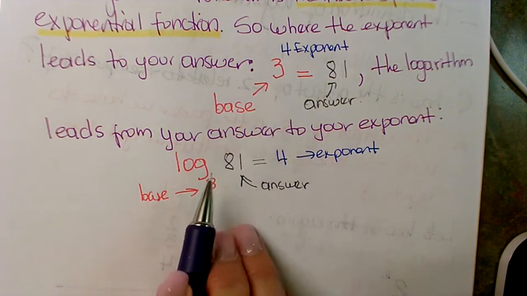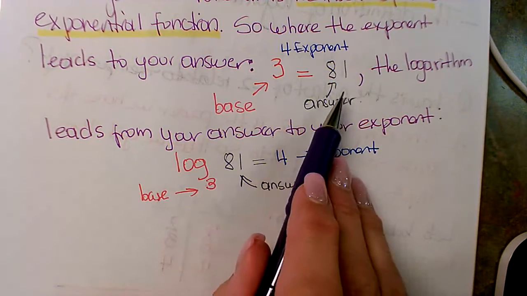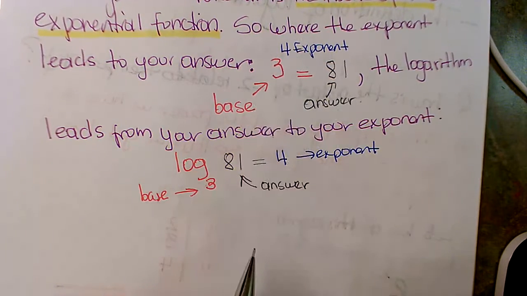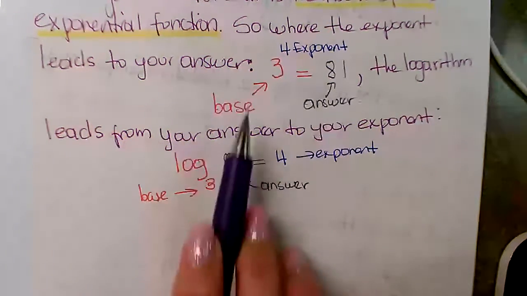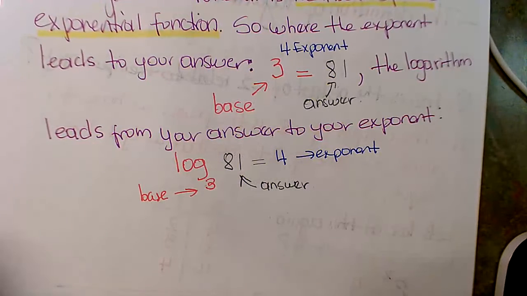The same base that we use here is the base of the log. And the log of 81 is equal to the exponent. Like they said, it leads from your answer to your exponent.